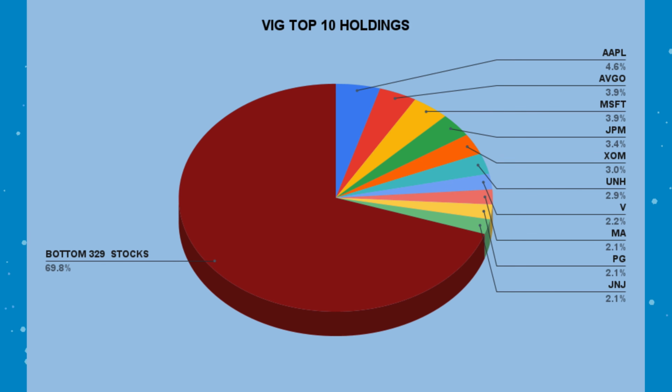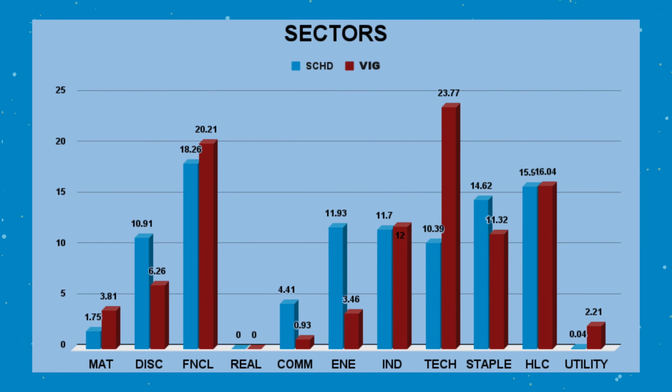VIG's broader diversification of 339 holdings gives it a wider net, making it less concentrated in any particular sector than SCHD. Let's now turn to how SCHD and VIG differ in their sector weightings. SCHD is more heavily weighted in financials at 18.26%, reflecting its focus on stable income-generating companies.